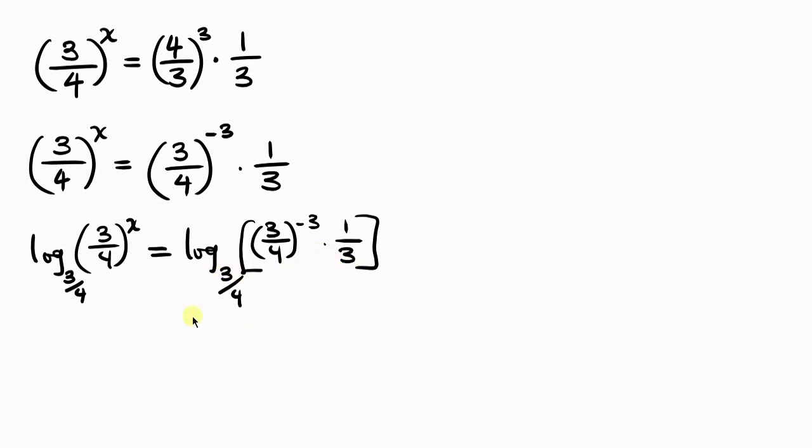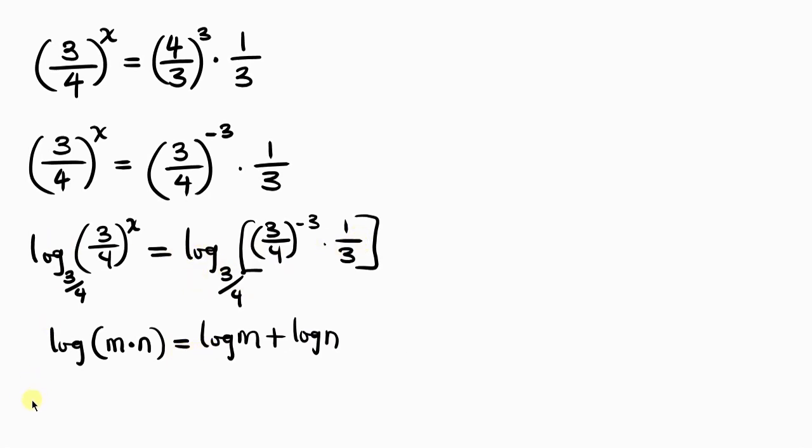Very good. Now our next step will be for us to apply the law of logarithm to the right hand side. The law of logarithm says when I have log of m times n, this is the same as log m plus log n. So we're going to be applying this to what we have here.